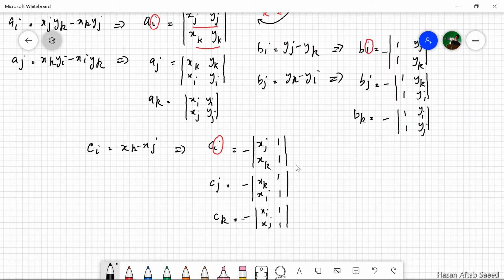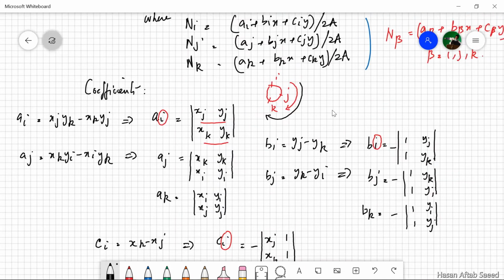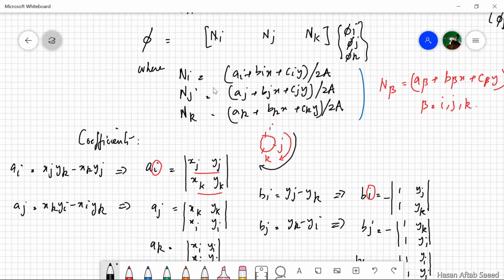So once you have calculated these 9, then you go back to these expressions, and you can calculate shape functions, and then putting these shape functions into this give you the interpolation function as a function of x and y, and you can put values of x and y and you get the displacement anywhere. Now again, I'll reiterate that phi here stands for both u and v, because this is a 2D element and displacement is a vector with 2 components, u and v.